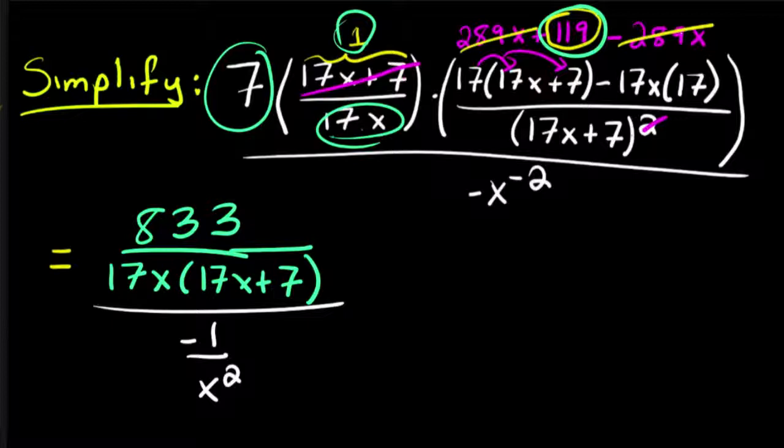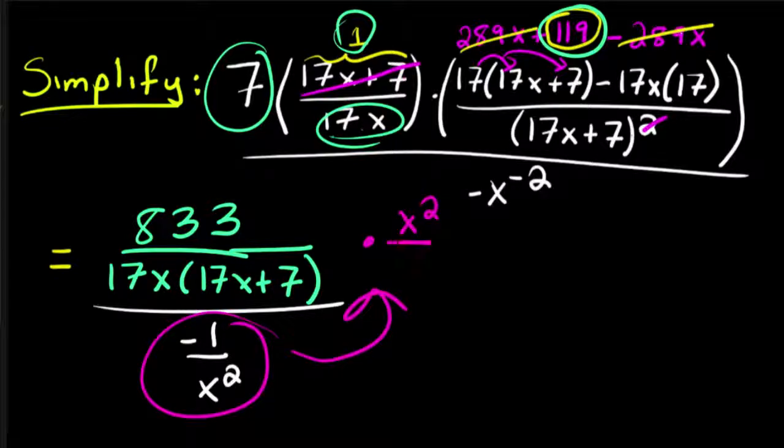So then invert and multiply this guy, of course. This guy comes up as times x squared over negative 1. Okay. And so what we get from that is, notice that one of these x's cancel with one of these. So then what I get is also 833 and 17.